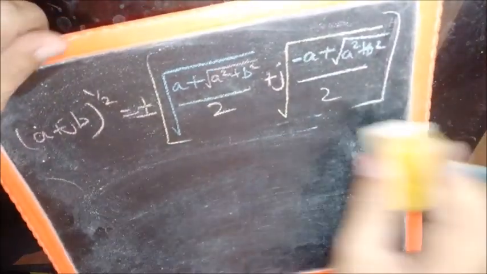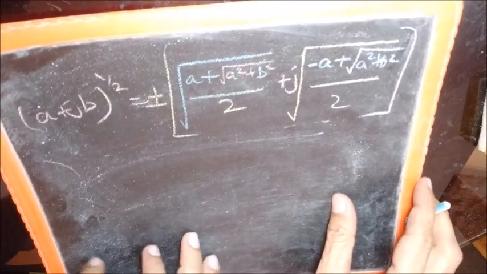So this is how we can arrive at the square root of a complex number.